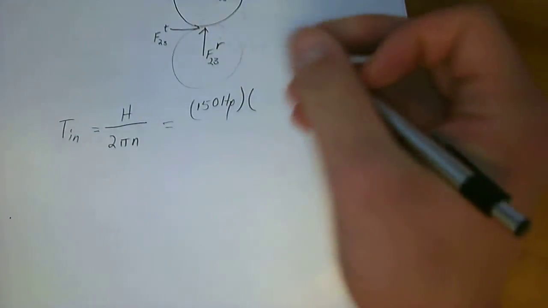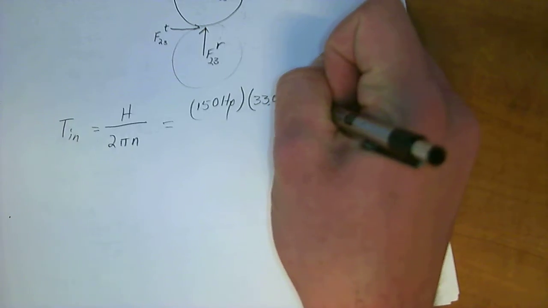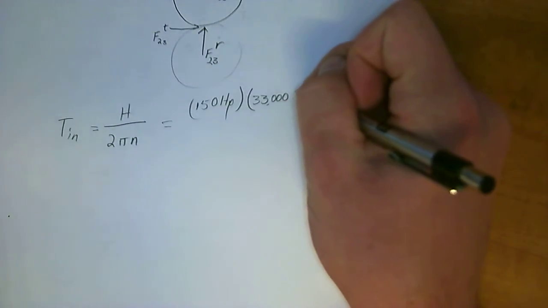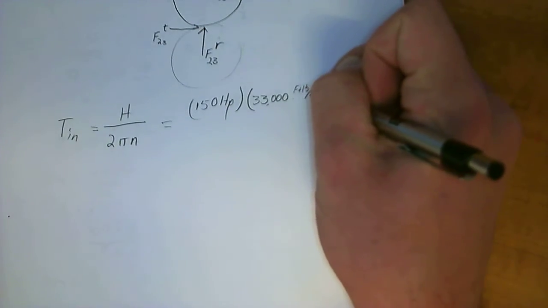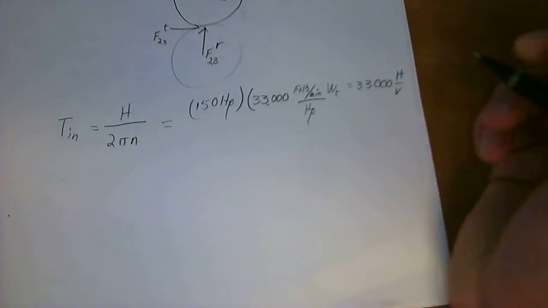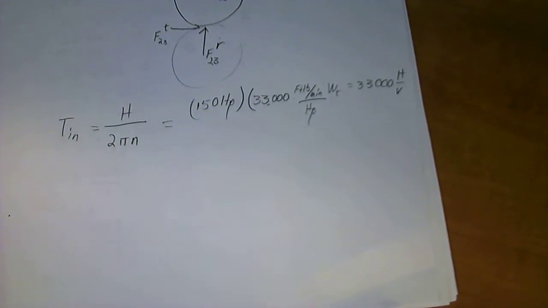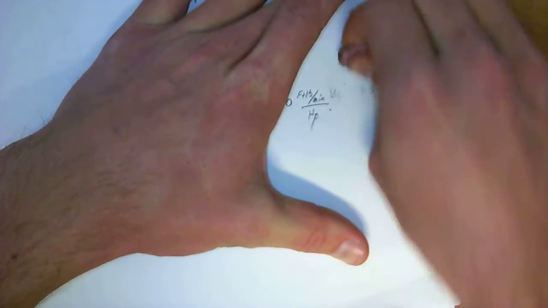We've got horsepower, we've got 33,000 foot pounds per minute per horsepower. And I'm going to go ahead and erase this other part here because it's in my way.